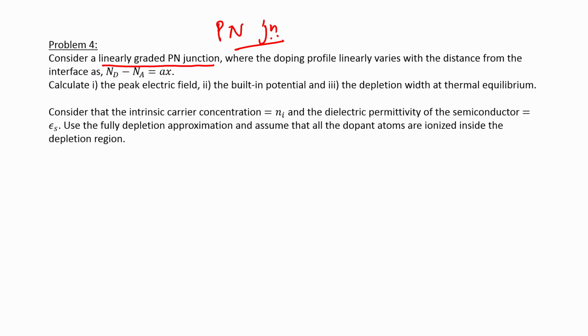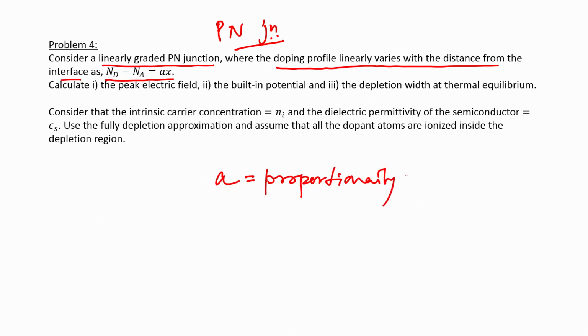But in case of a linearly graded p-n junction, the doping profile varies linearly with the distance from the interface, and the expression of the doping profile is given as Nd minus Na equal to Ax, where A is your proportionality constant. So the spatial distribution of the doping profile is a linear function of space.